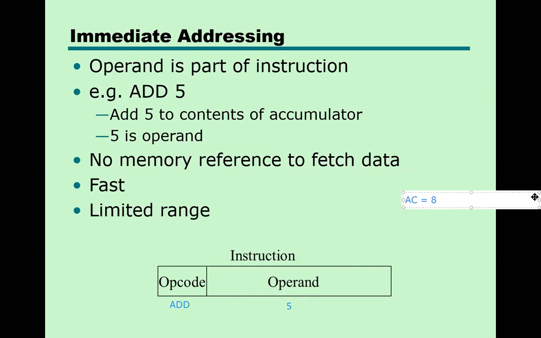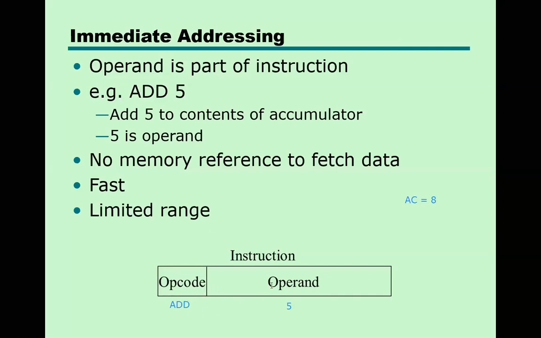So here what we will do, in execution, this 5 will be added with the accumulator value, that is 8. So here the operand is a part of the instruction.